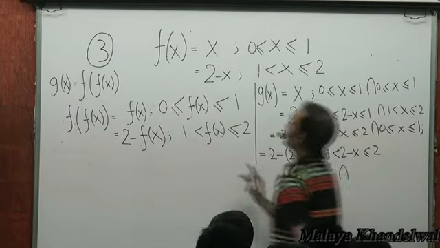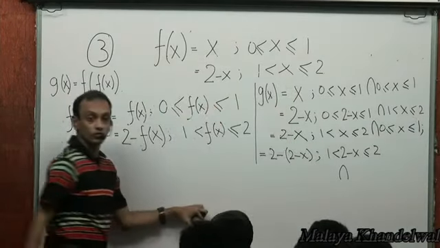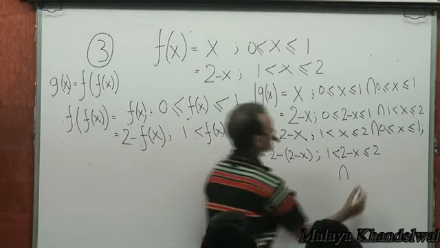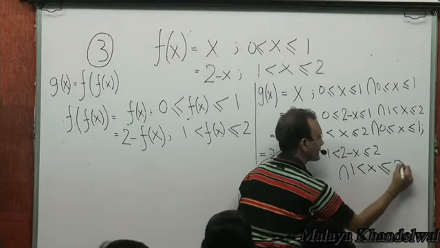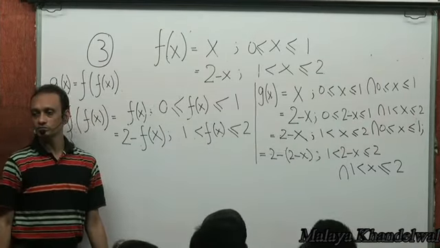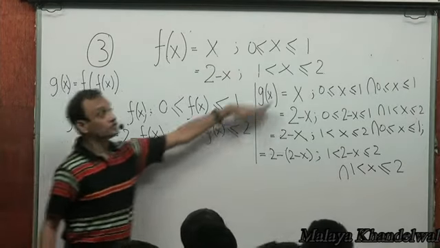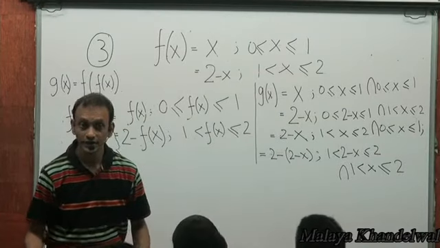Along with, the moment your choice of f(x) is 2 minus x, x must also lie between 1 and 2. Right? Yes or no? Does it sound good? These are the 4 lines of description. Let's simplify these lines of description further.